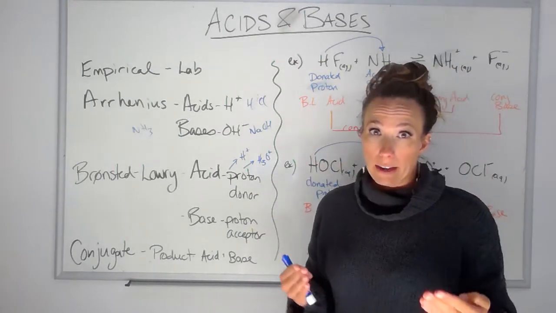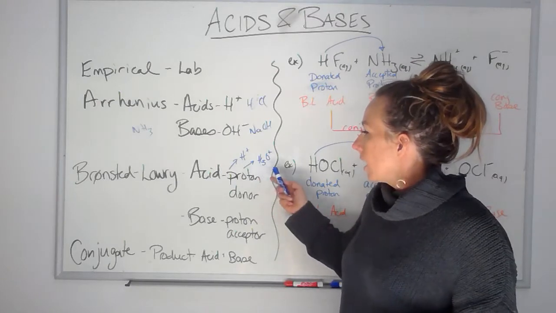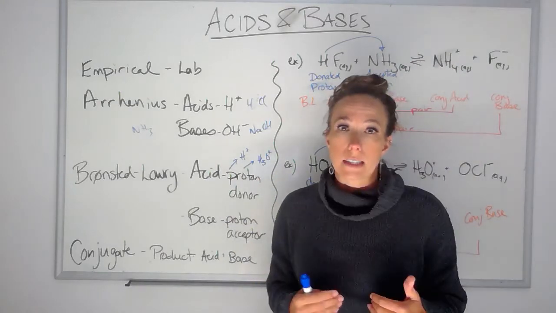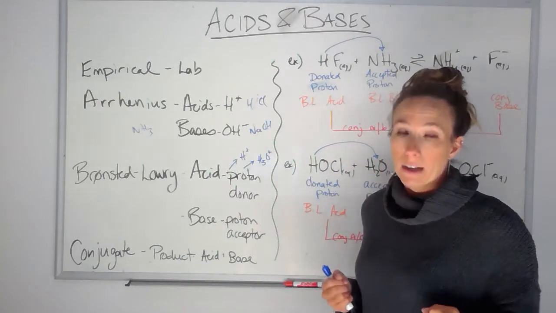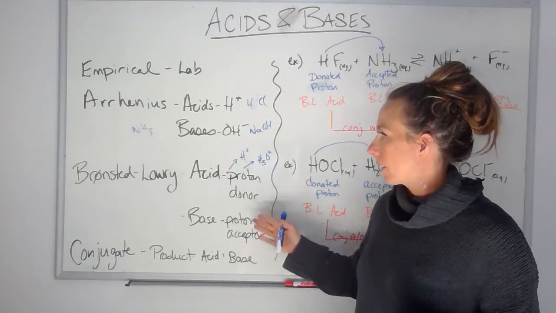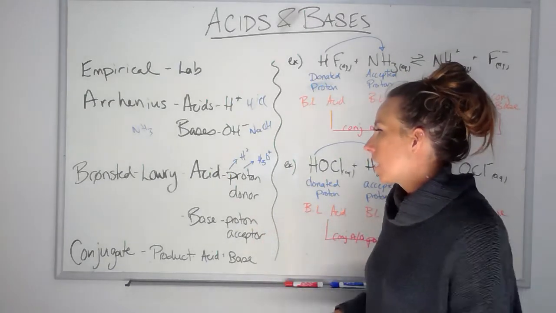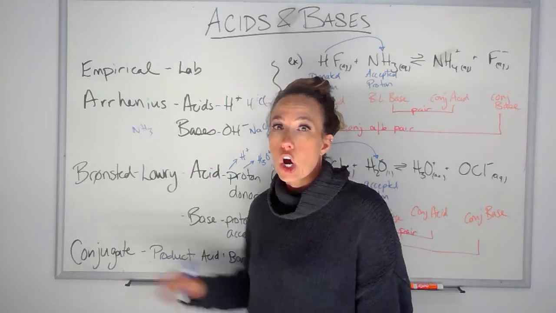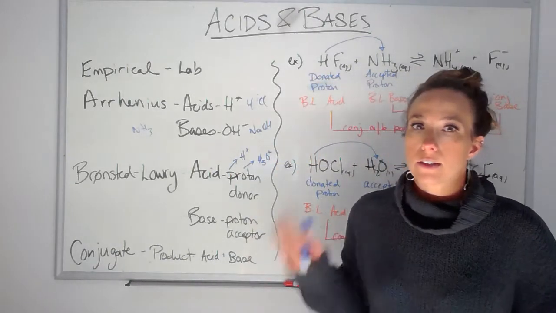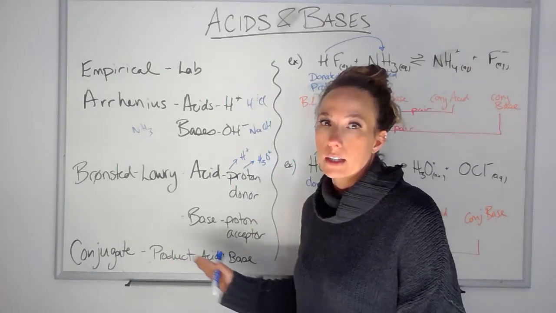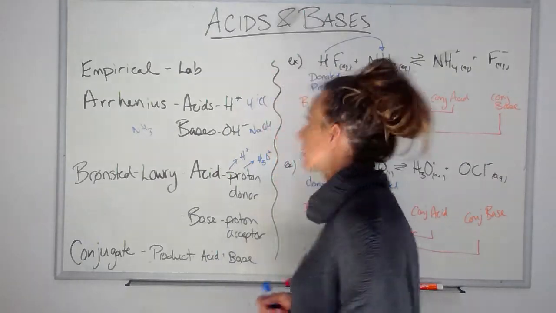It's all the same thing. And a base is a proton acceptor, so it's going to take an H+ or an H3O+, etc. And then another new word is conjugate. So conjugate acid or conjugate base are going to be the products.